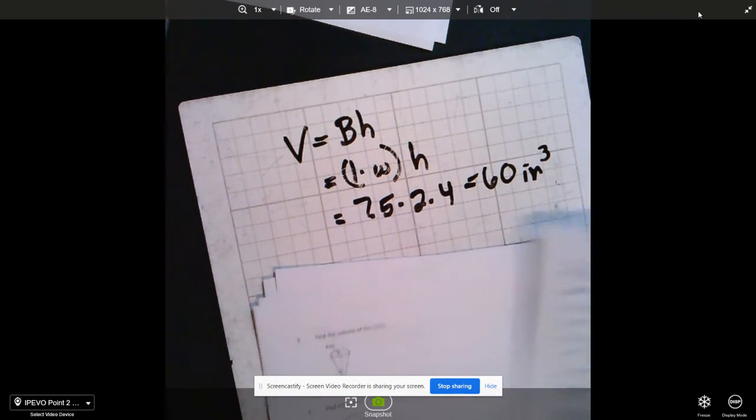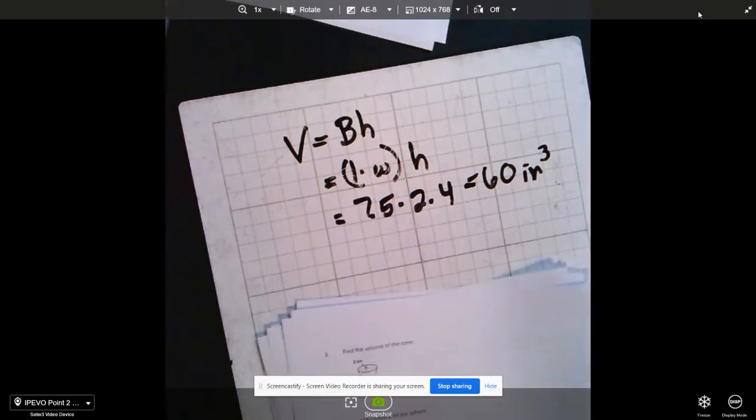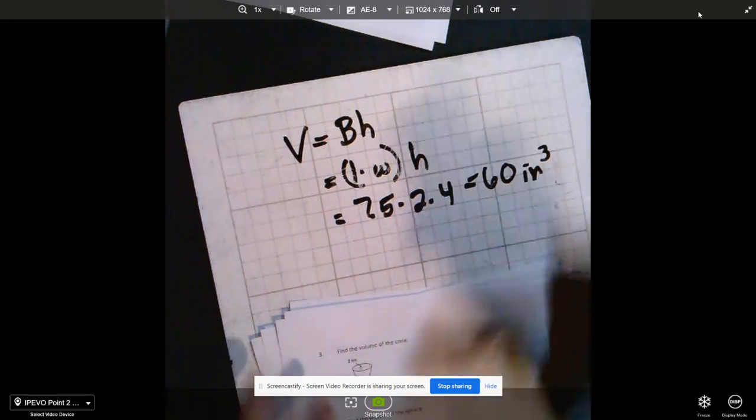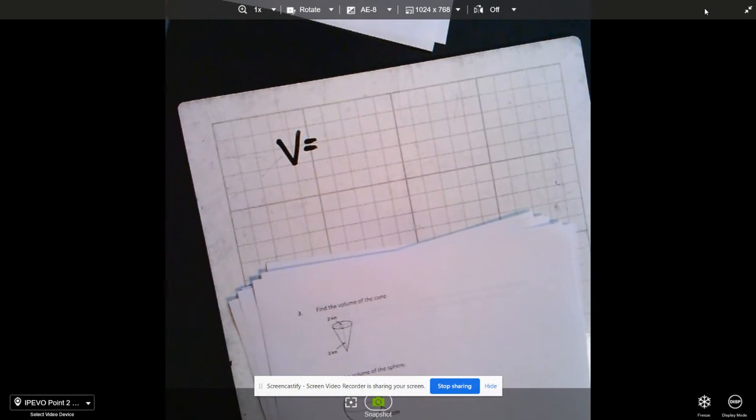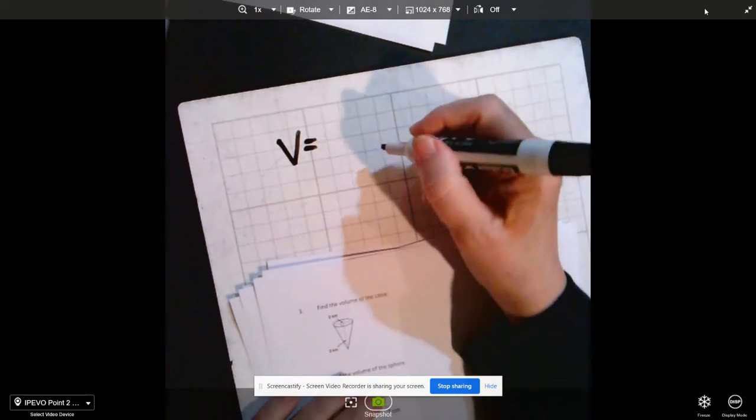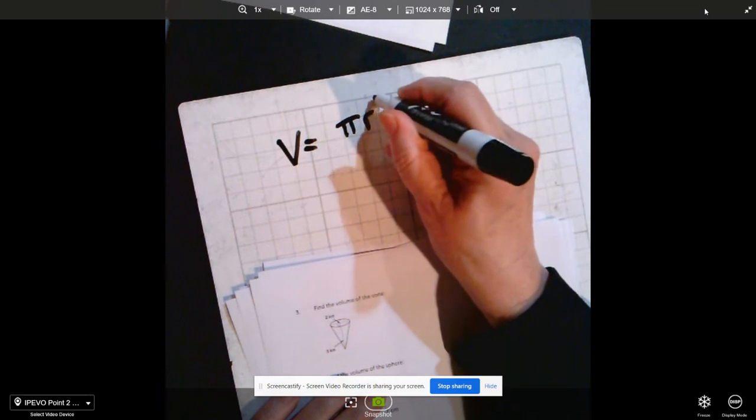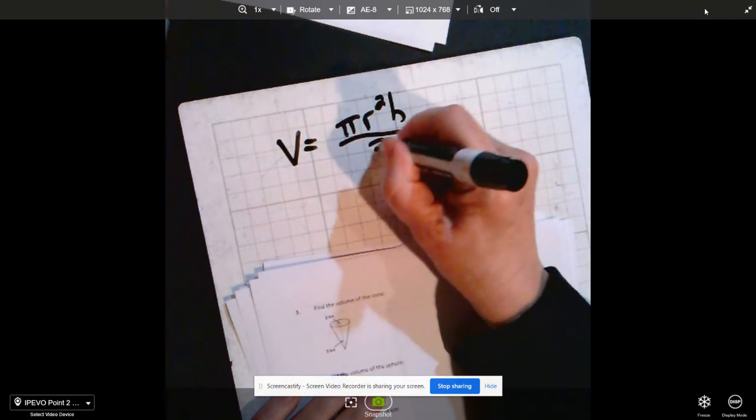All right, number 3, it says find the volume of a cone. So it tells you it's a cone, no guessing there. So you know that you have your volume formulas. The volume of a cone is pi r squared h divided by 3.